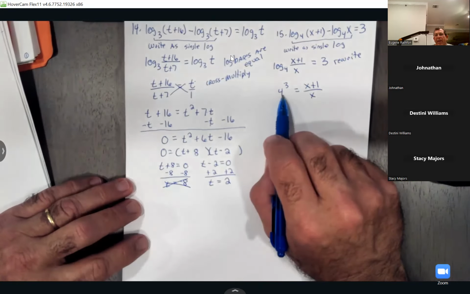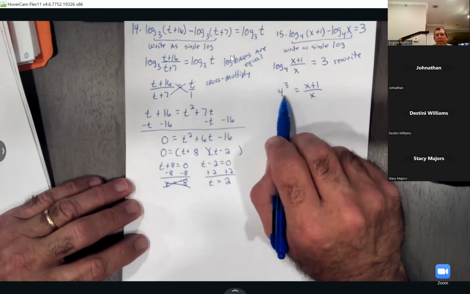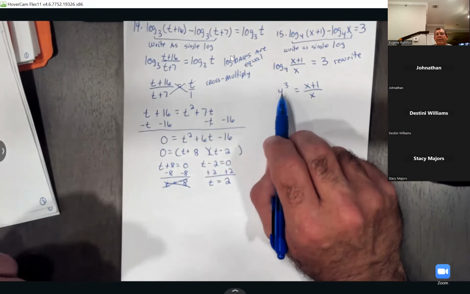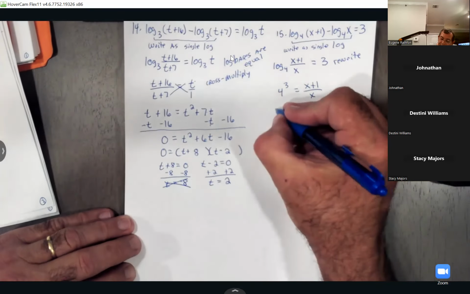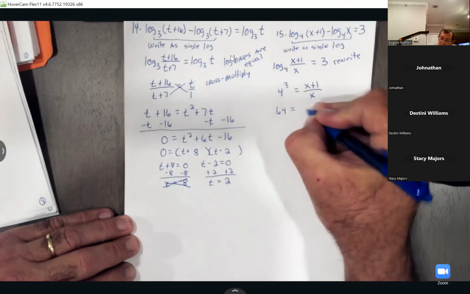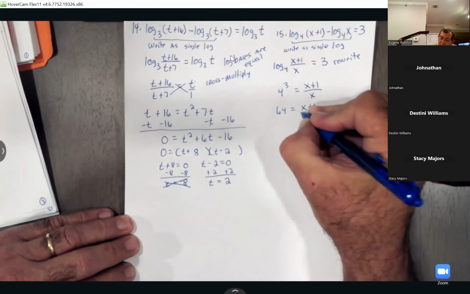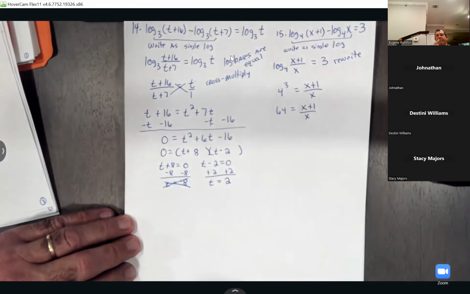All right, y'all, let's see what we get here. 4 times 4 is 16. 16 times 4, that's going to give us 64 equals x plus 1 over x.